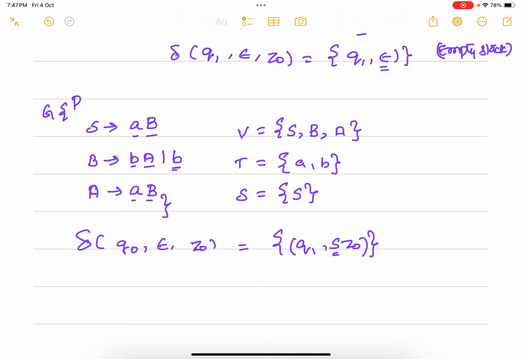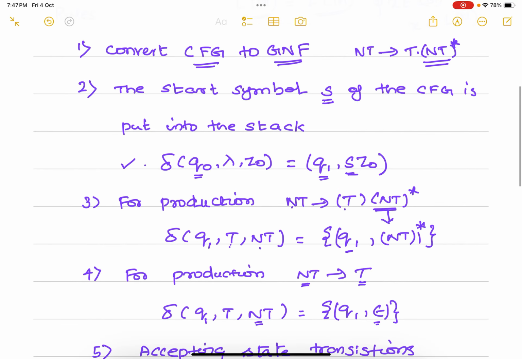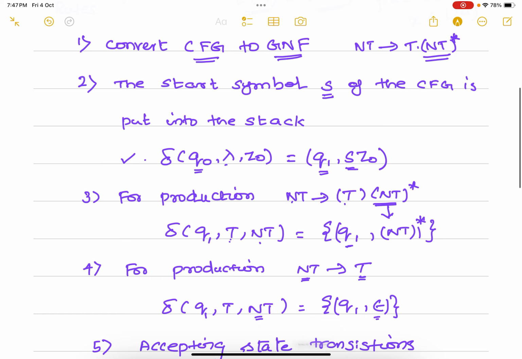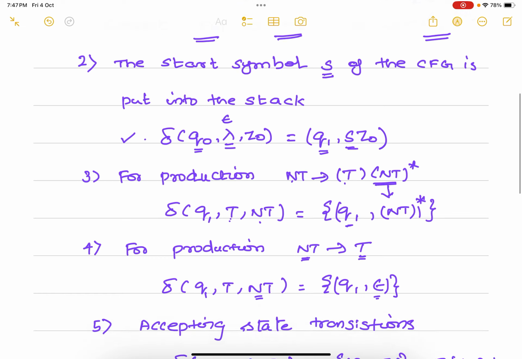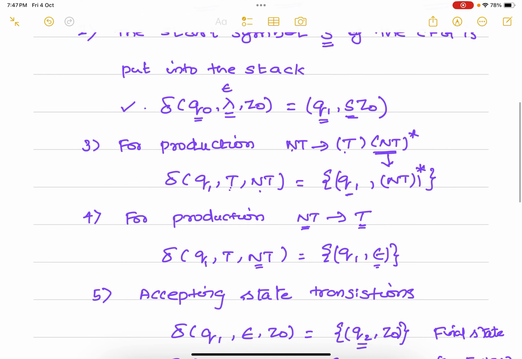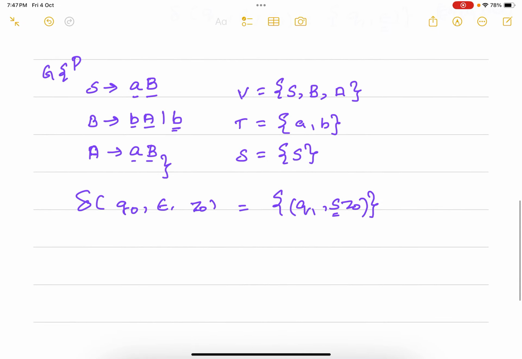If our start symbol is some B, then we have to push that B inside the stack. That's all. Here our start symbol is S, so I have applied rule number 2. In some books they refer to epsilon as lambda. So delta of Q0 comma epsilon comma Z0 is Q1 comma SZ0. So I have just introduced the start symbol production.